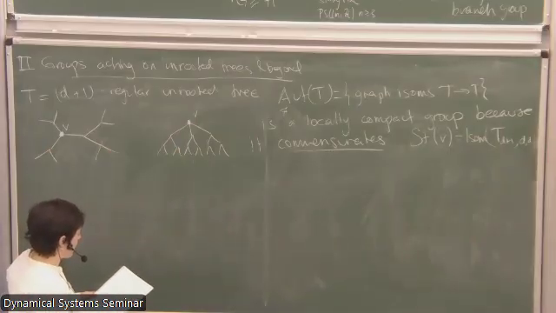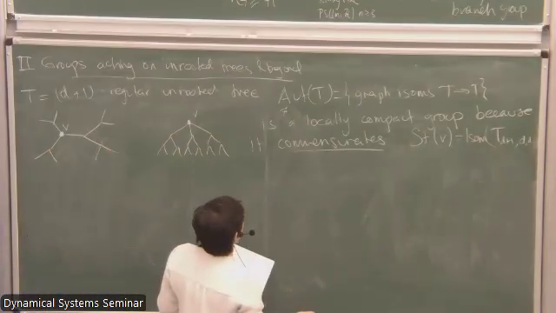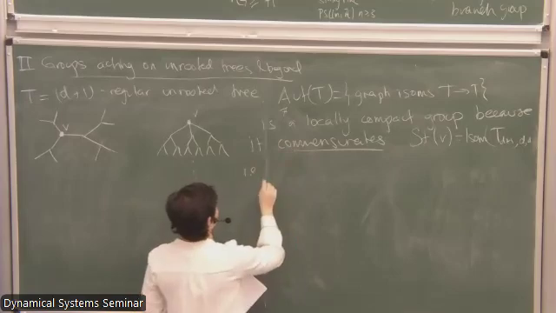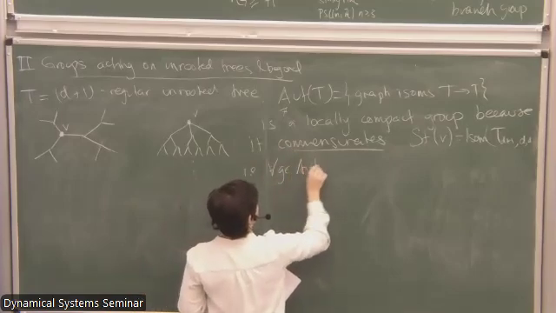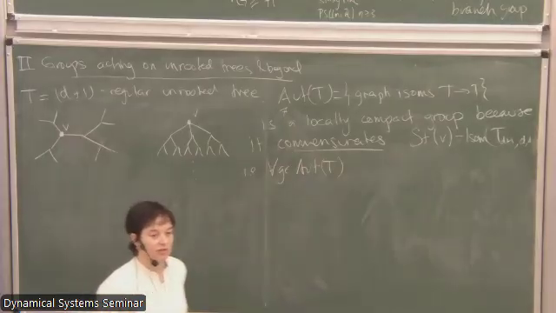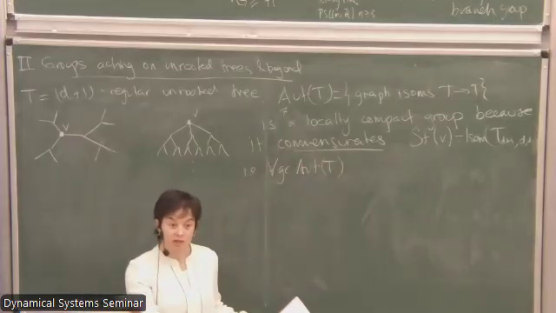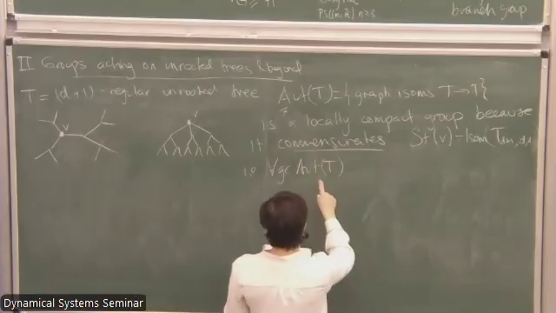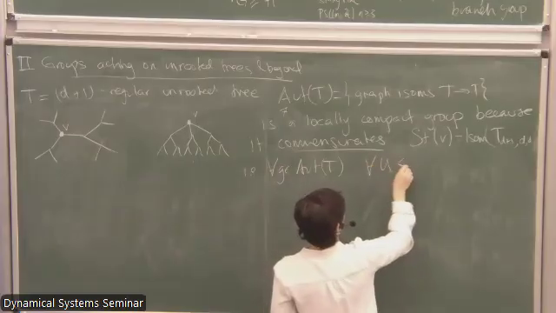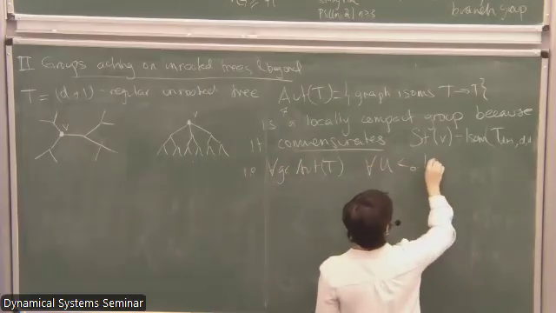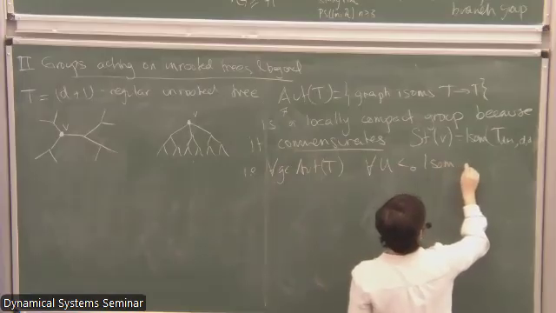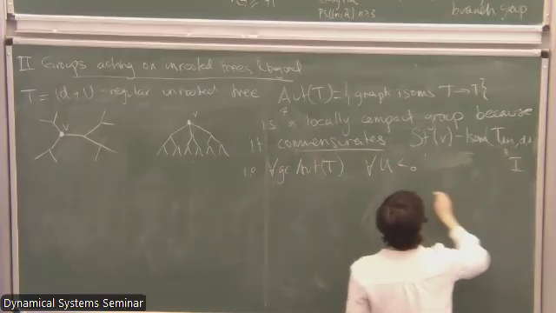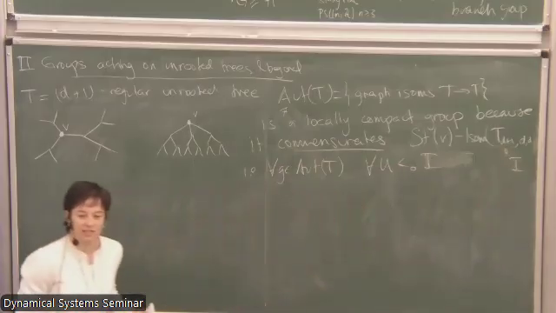What does it mean to commensurate? It means, i.e., for every automorphism of T, I'm going to give a slightly different definition to the one that Hannah gave, but this is good because then you see both points of view. What we have is that for every g in Aut T and for every U open subgroup of Isom T, I'm just going to call this thing I, because I'm going to get tired of writing it.